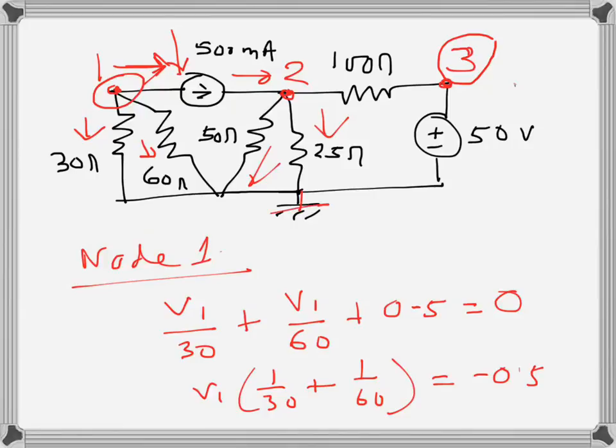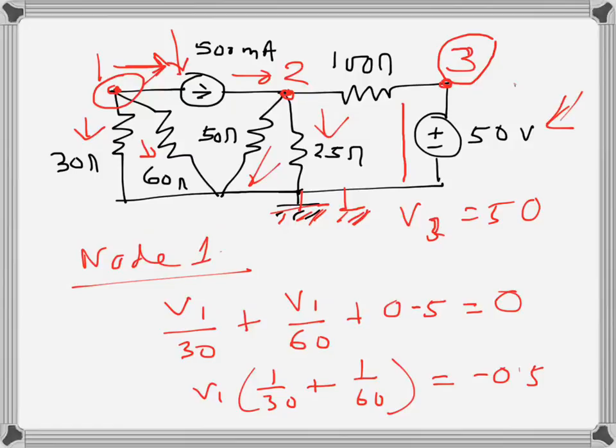can see from observation we can write that the voltage V3 is 50 volts because this is the ground here, and from ground to node 3 there is only a rise of 50 volts because of this voltage source.